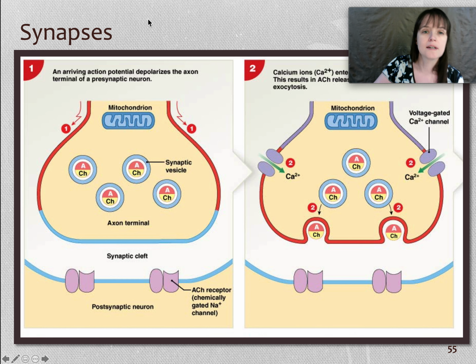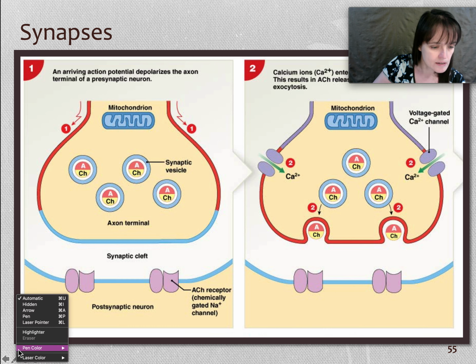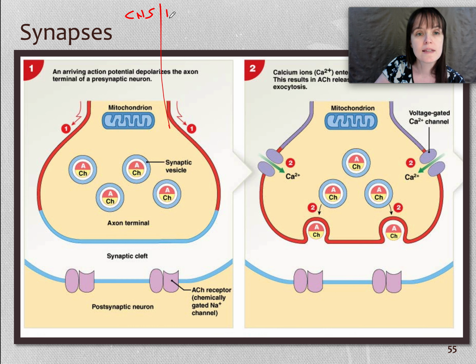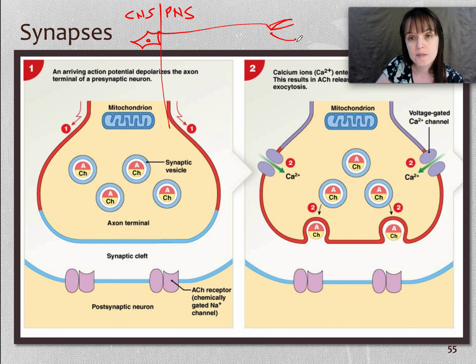I'll just draw it on here. I need a pen. Pen color red. We've had this conversation where we drew the CNS and then the peripheral nervous system. And we had the motor neuron that landed at a skeletal muscle.